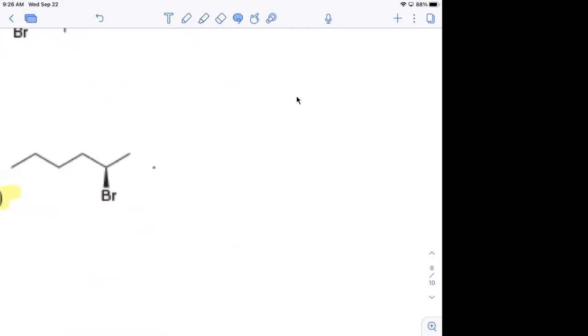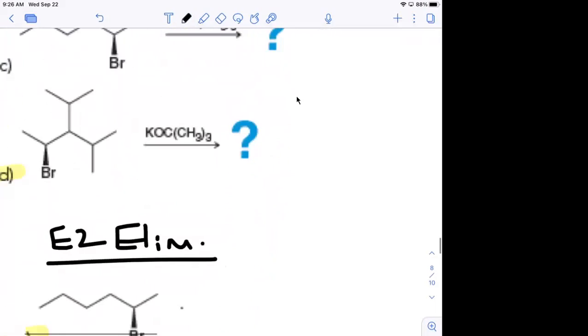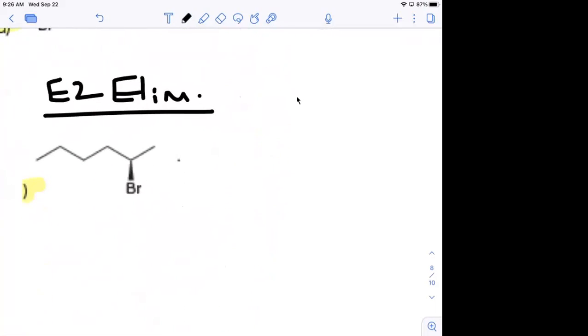So if this is A, what am I looking for if I know that this is an E2 elimination? A strong base. Okay, so we have that, right? We got sodium hydroxide, good. So I'm just gonna write out the OH here. That's negative.